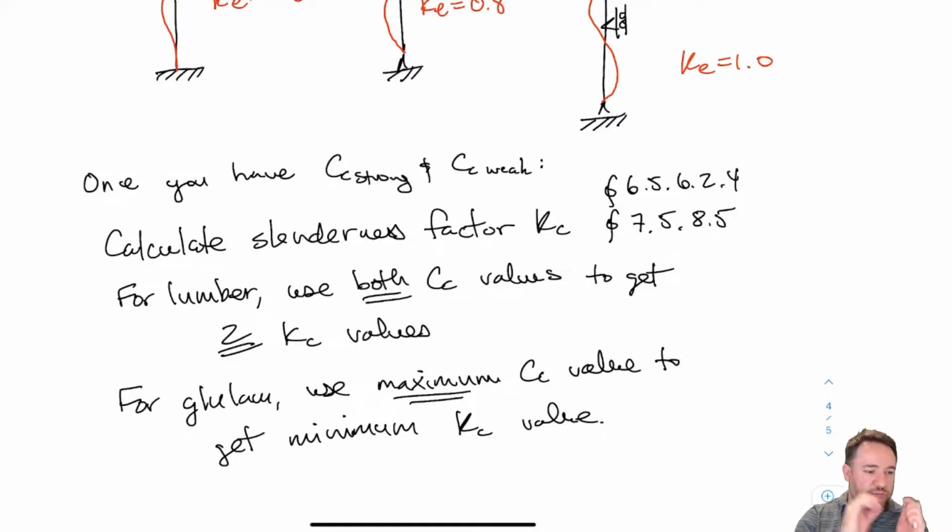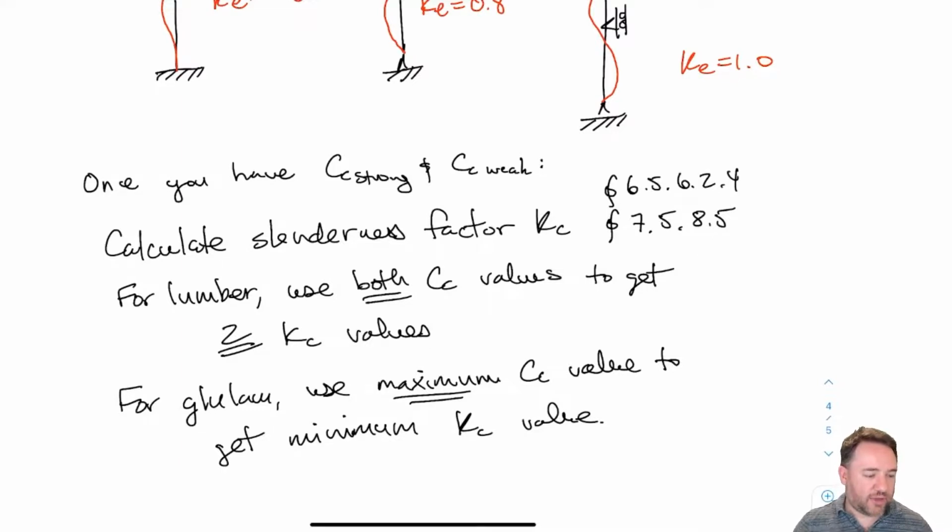So I'm going to use both CC factors in that KC equation to get two different KC values. Okay, and I'm going to use both of those in the equation for compression parallel strength to get two different compression parallel strength values and then take the minimum. The reason is because the size effect factor is going to be different for those two directions. So I need to check both.